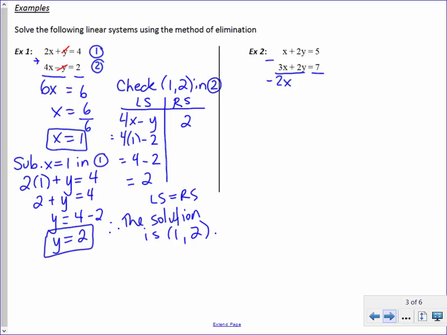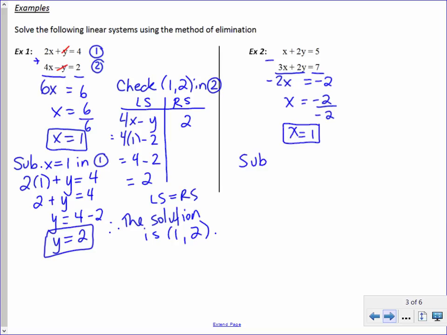2y minus 2y, gone, eliminated, okay? And then 5 minus 7, negative 2. Okay, I've eliminated the y's, now I just need to isolate for x. X is 1.